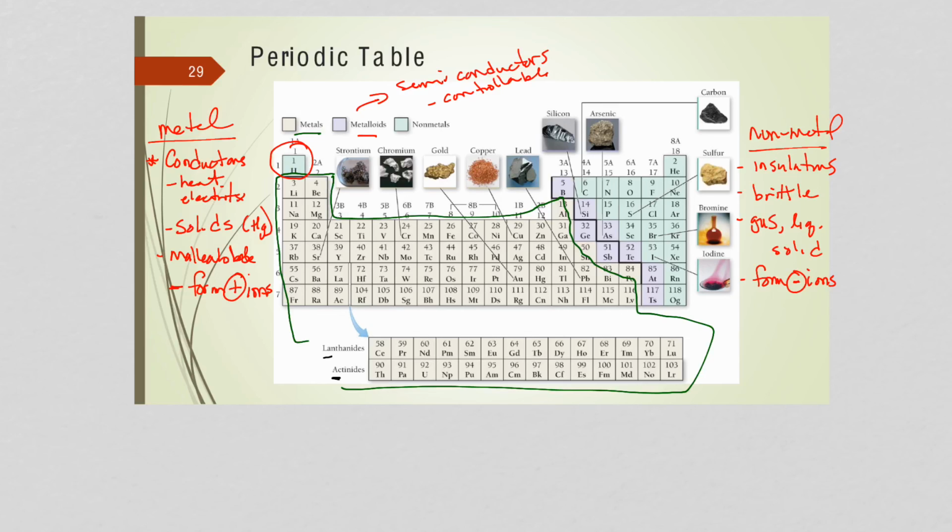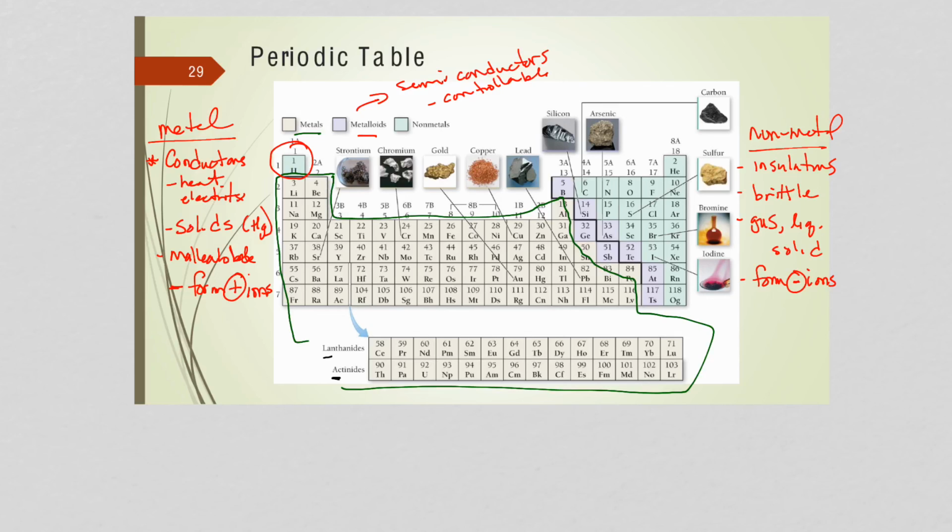So this makes some of these elements particularly useful in electronics. What we think about when we use the term semiconductor, specifically, we think of silicon in this region, but we have germanium and antimony, and these all have some application a lot of times in these semiconductors.